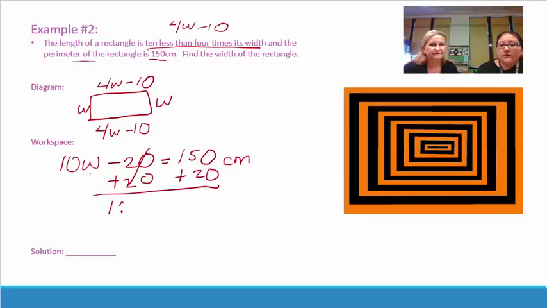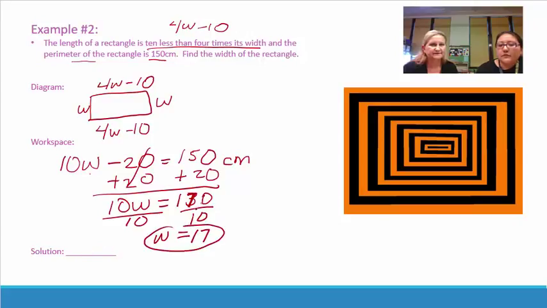The 20 cancels out. We bring 10W down, and that would be 170. And then we have to divide by 10 in order to get W by itself, and that should give us 17. So that's our width. Okay, so that's our answer. The width is equal to 17.